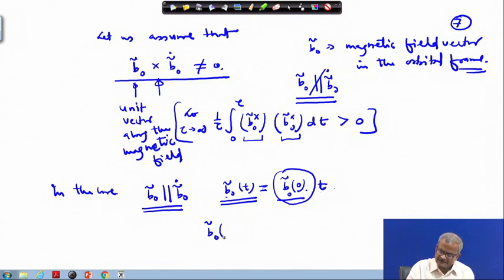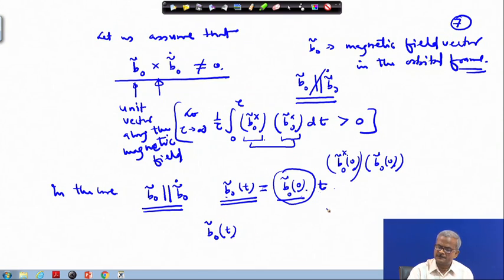So, for that case your B 0 t can be taken out, because then you can replace this by B tilde 0; this cross will come outside, and similarly B tilde will come outside, these two terms, and inside you will have t A square dt.